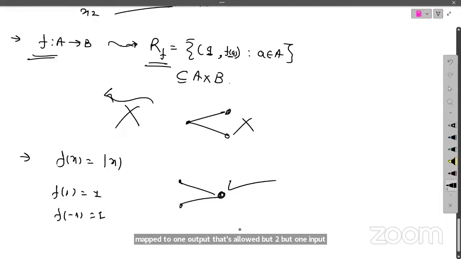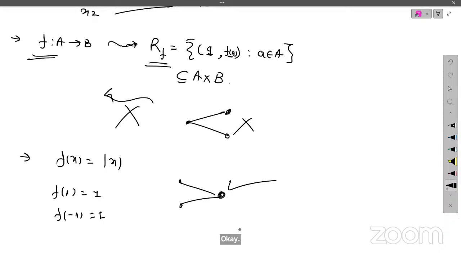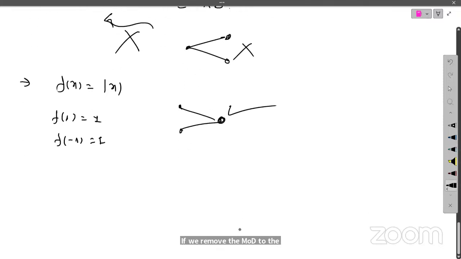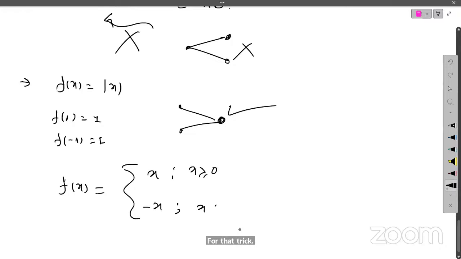Ma'am, if we remove the mod from x, can we write x with plus or minus before it? If you remove the mod, the function f of x equal to mod x is defined as x when x is greater than or equal to 0, and minus x when x is less than 0.